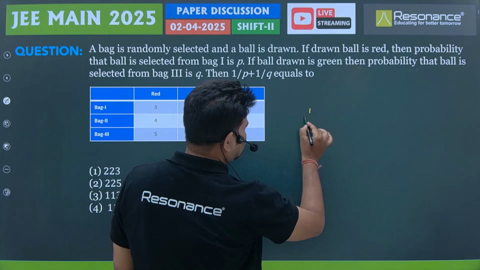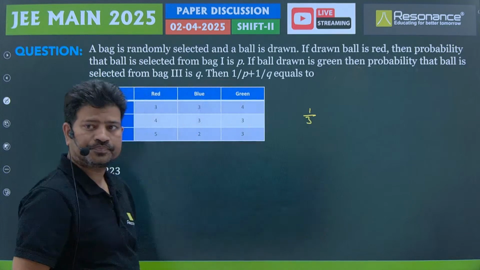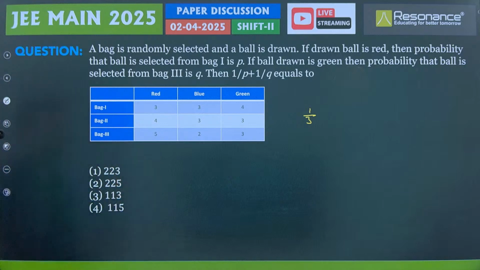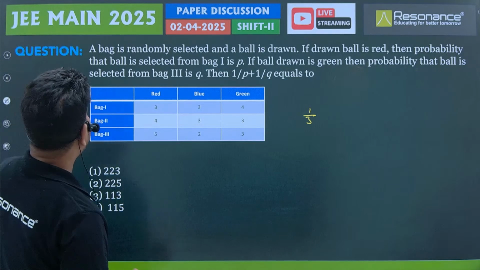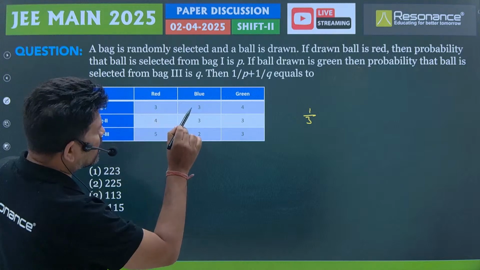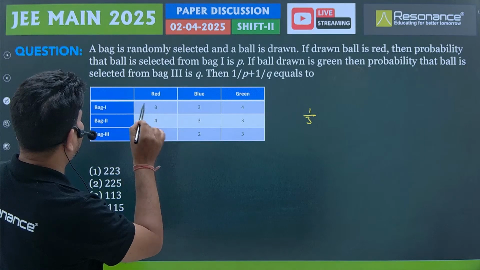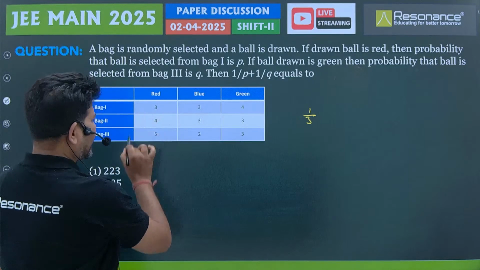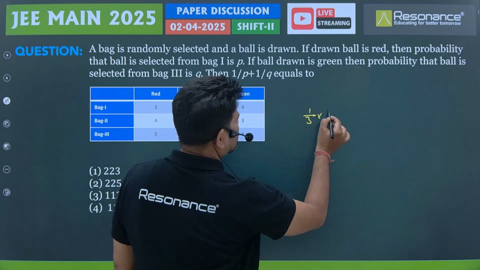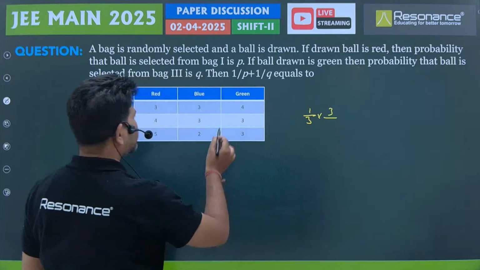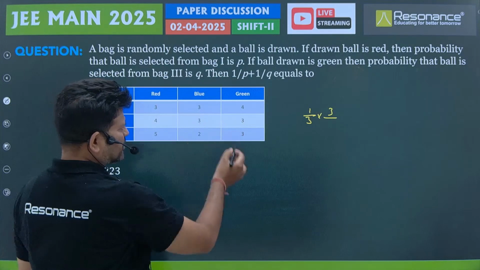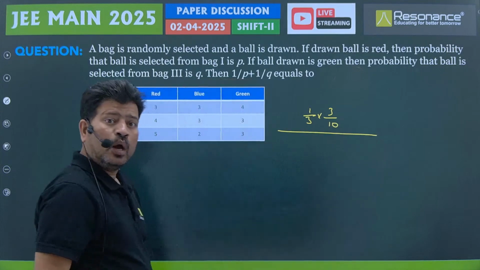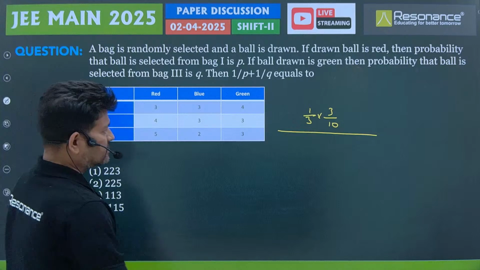Bag 1 chances are 1 by 3. And then which ball? Red ball. So bag selected, ball randomly red, then the probability that the ball is selected from bag 1. So probability of the red ball, 3 by 3 plus 3, 6, 6 plus 4, 10 by 10. What is the other probability?